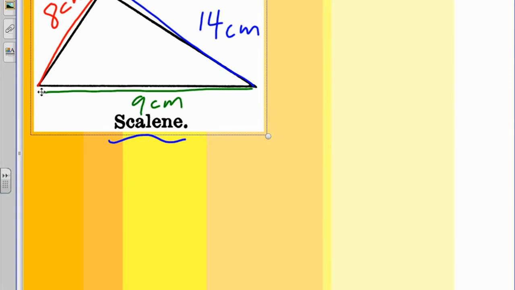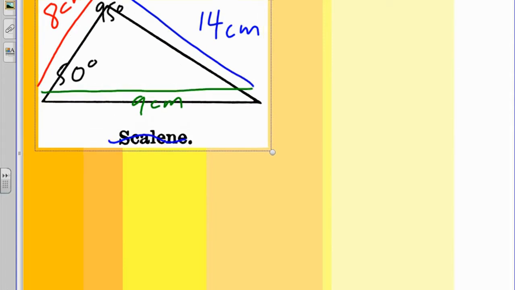Let's look at the angles. Oh, this poor triangle. This angle up the top is 95 degrees. This angle down the side here is actually 50 degrees. This angle on the side here is, oh, sorry guys, the whole thing's misbehaving.